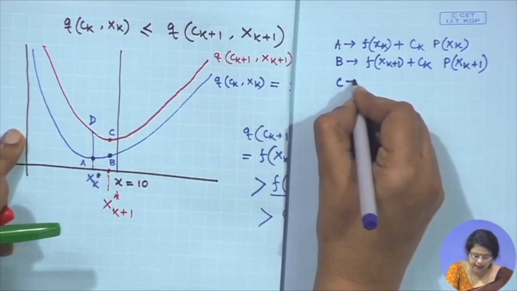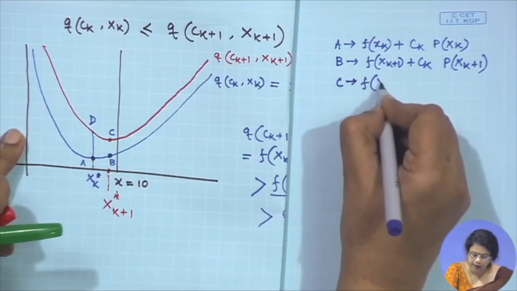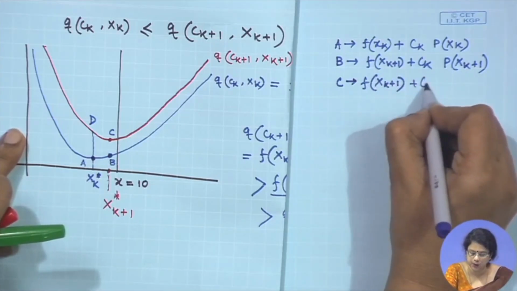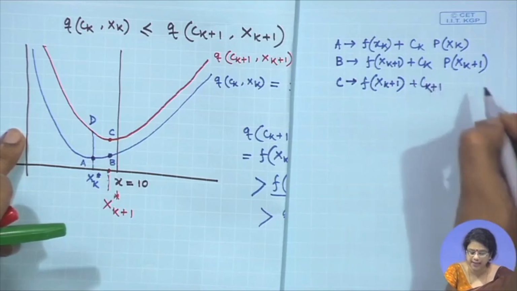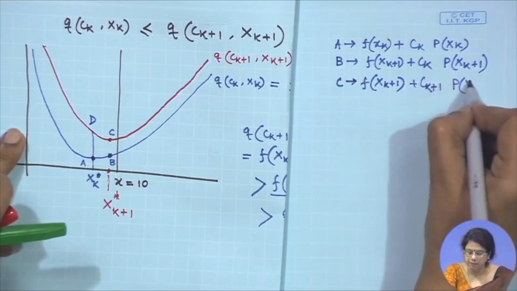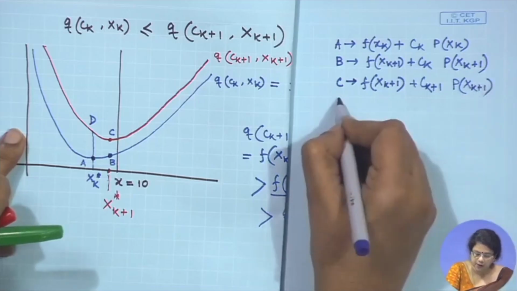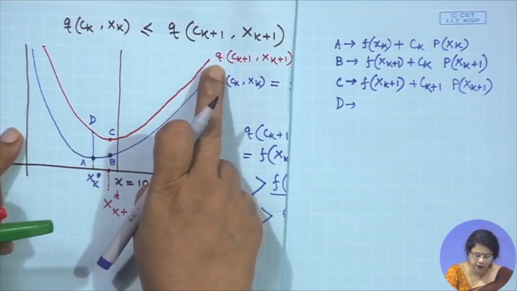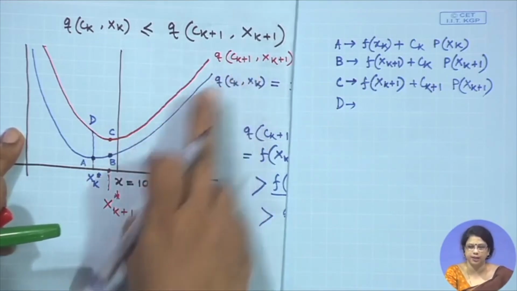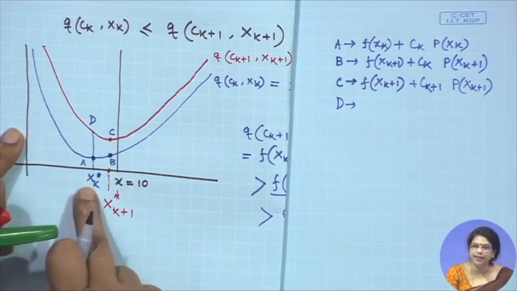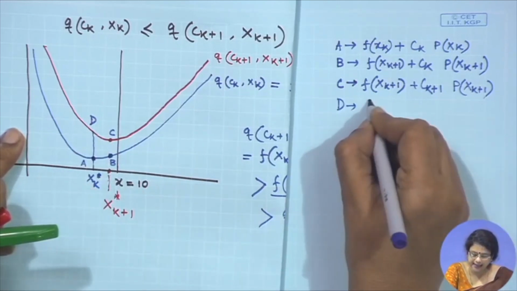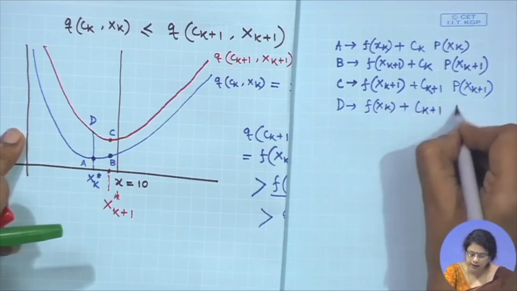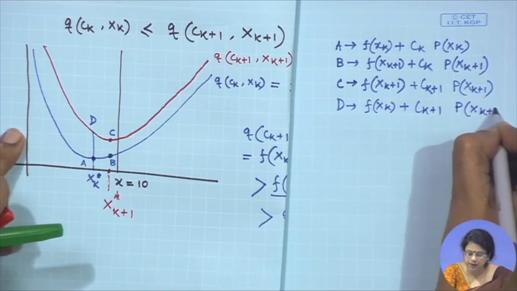Similarly, the value at C would be f(x_{k+1}), that is the optimal solution in the next iteration, plus c_{k+1} p(x_{k+1}). And what about D? D is on the curve of q with c_{k+1}, at point x_k. That is why I can say f(x_k) plus c_{k+1} p(x_k).